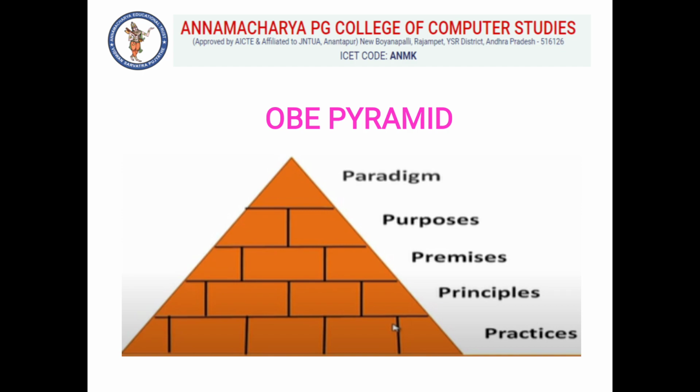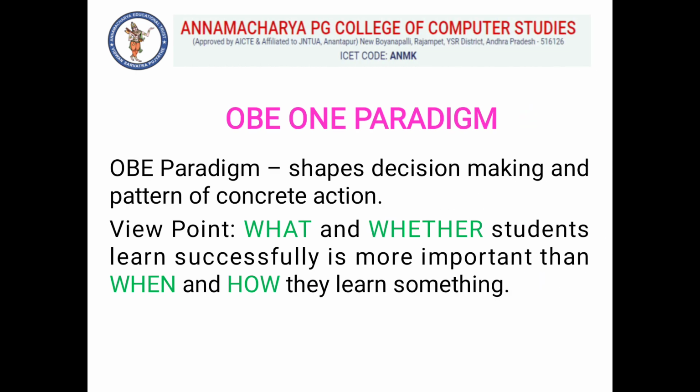Inside the premises he can collect information from the laboratories, tools, software, and some material from other open sources. The main purpose of this is to acquire knowledge from different repositories of resources. And this is the paradigm which maintains that at the top level, or at the end of the session, they will get the outcome based education.